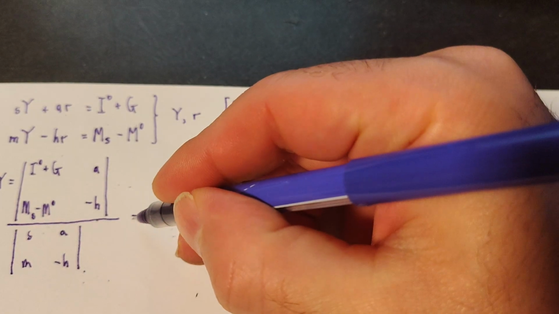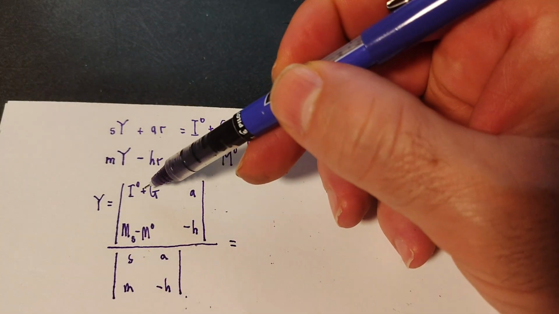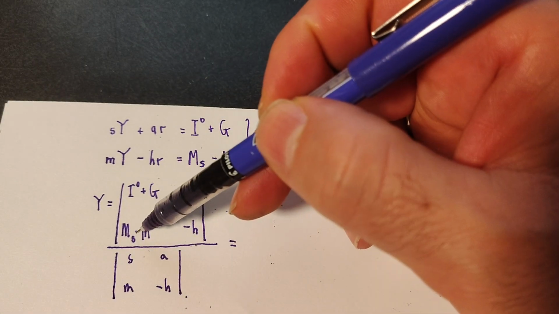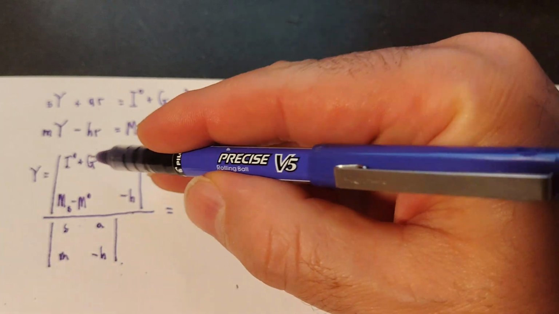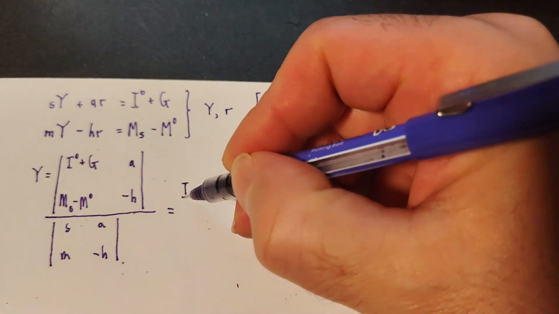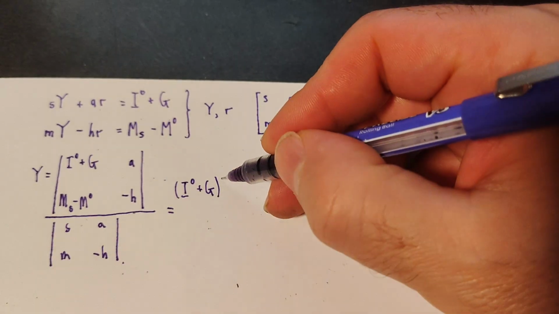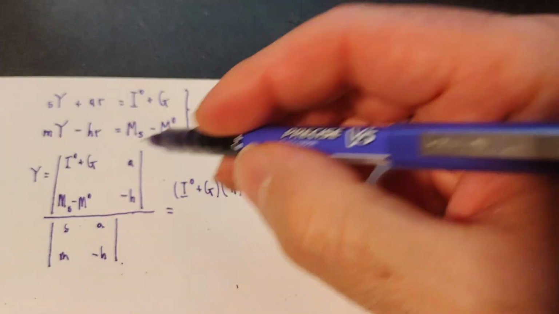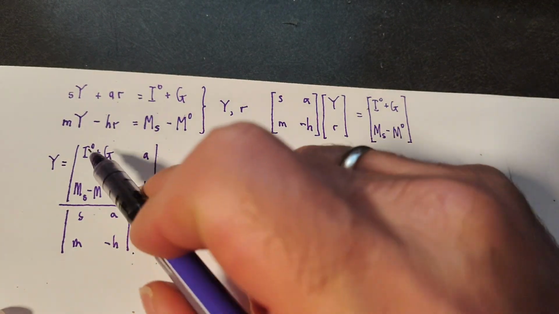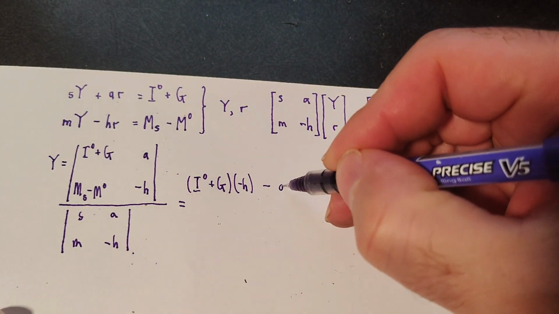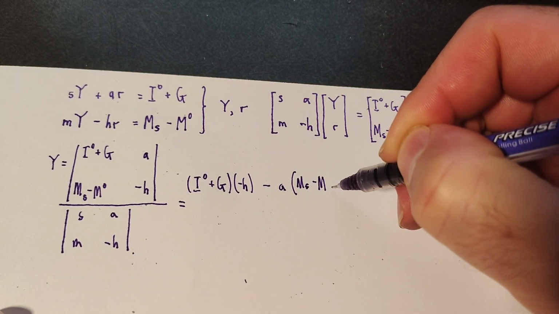And that's just going to be equal to, if you remember how to do the determinant of a 2 by 2, it's just the product of this minus the product of the opposite. So it's going to be I naught plus G times negative H minus A times MS minus M naught.